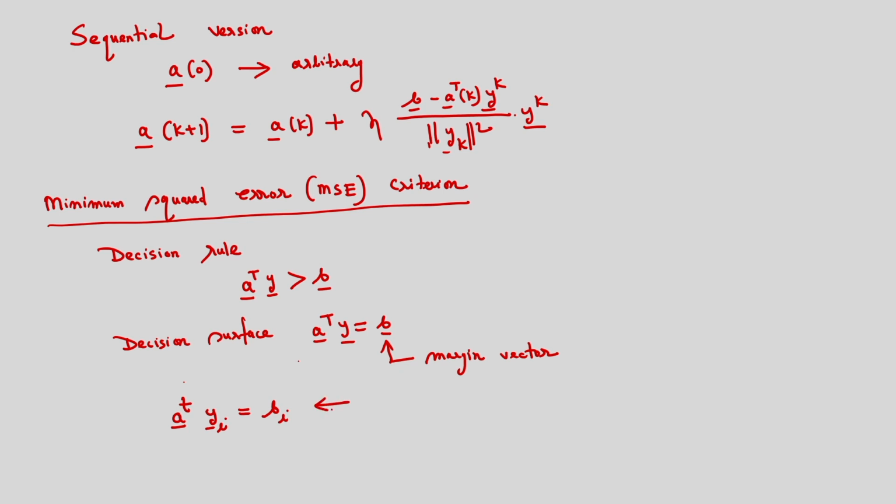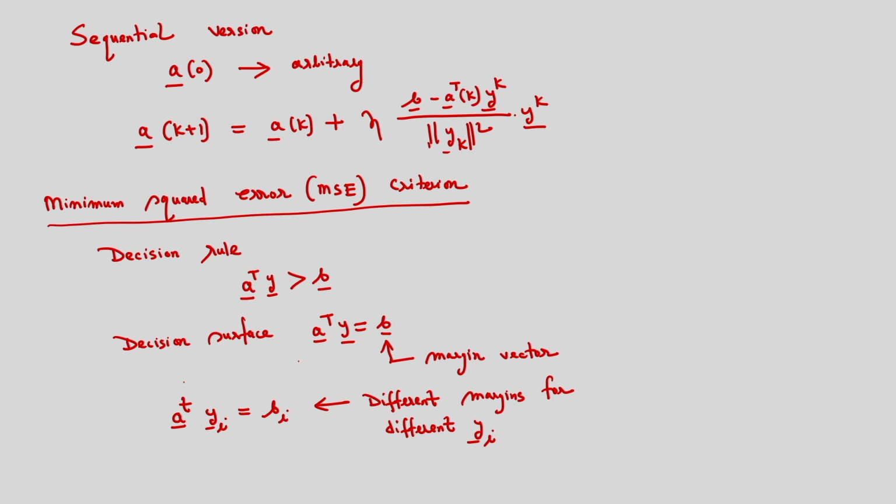So that means what is Bi actually? Different margins for different Yi's. What is Yi?